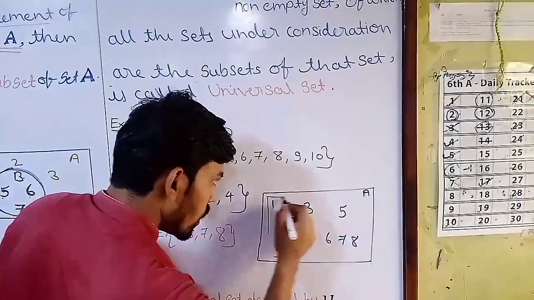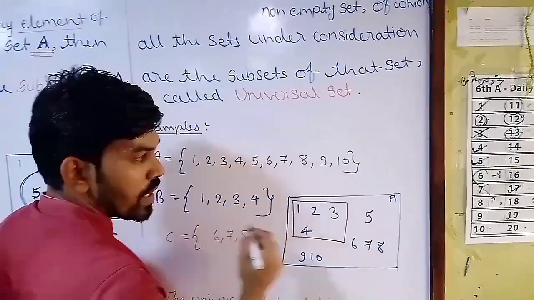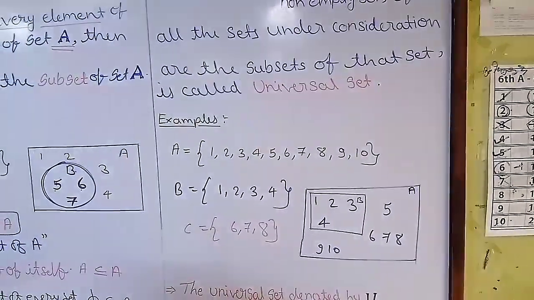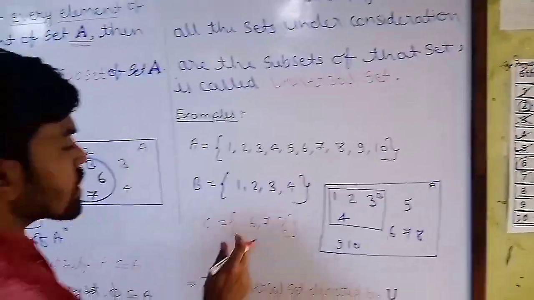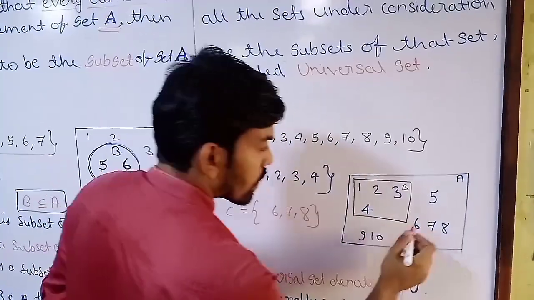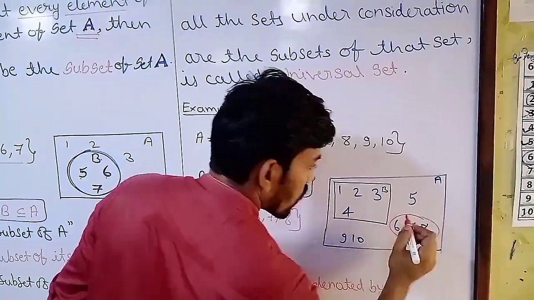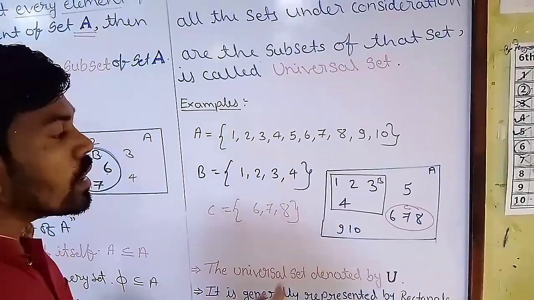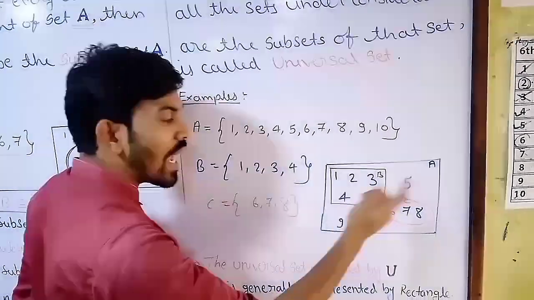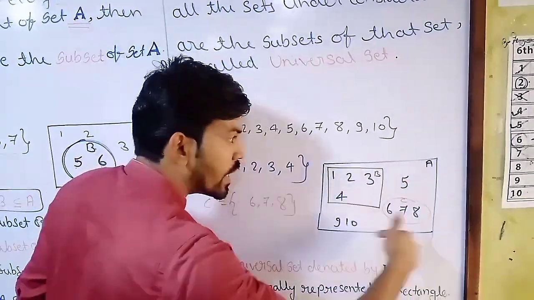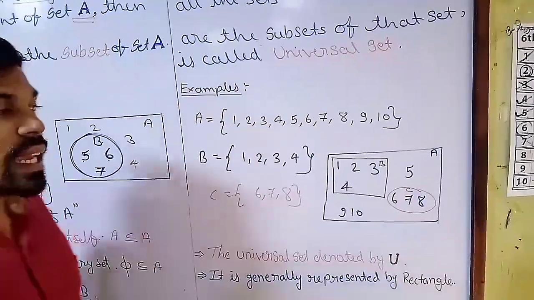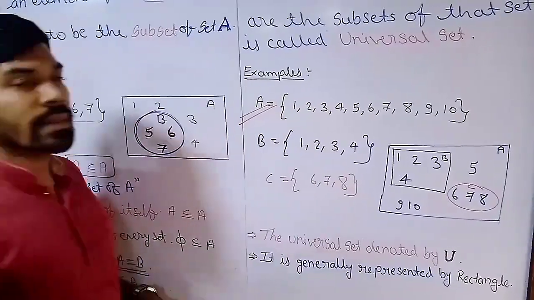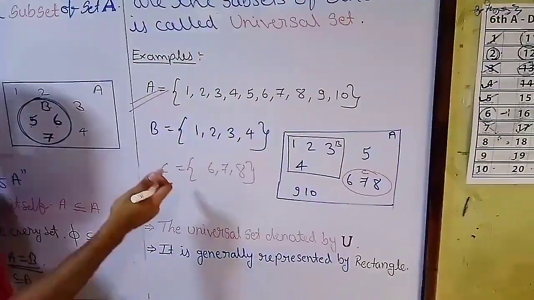Now we got set B. And set C: 6, 7, 8. Now we got set C. So we can say all the elements of set B as well as set C are already included in set A. So set A is a universal set.